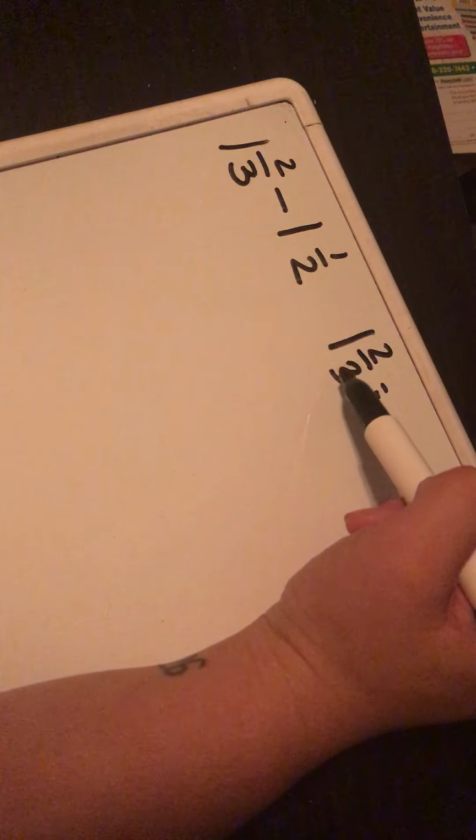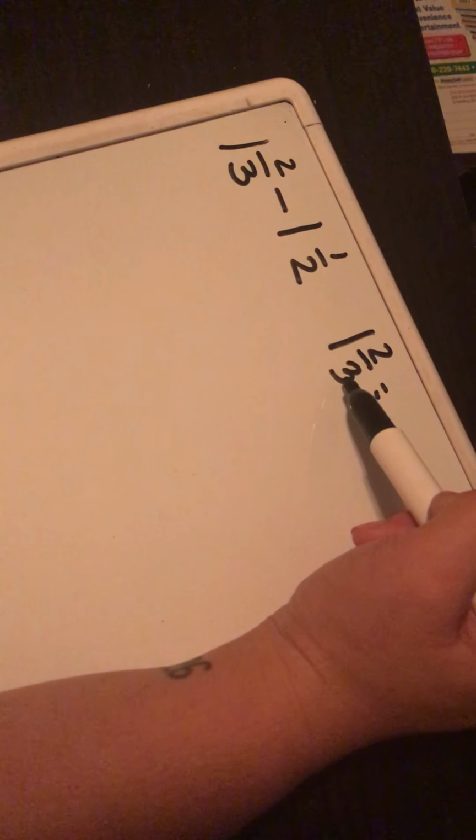So from here, I will need to multiply my whole number by my denominator, plus my numerator. So my whole number is 1 times our denominator, which is 3, plus the numerator, 2, over 3.